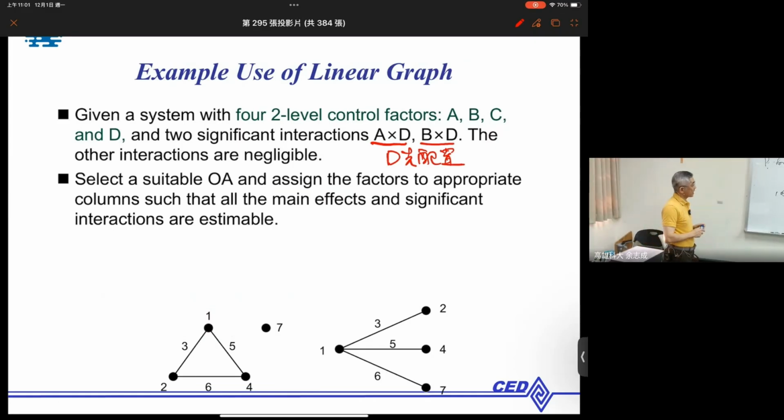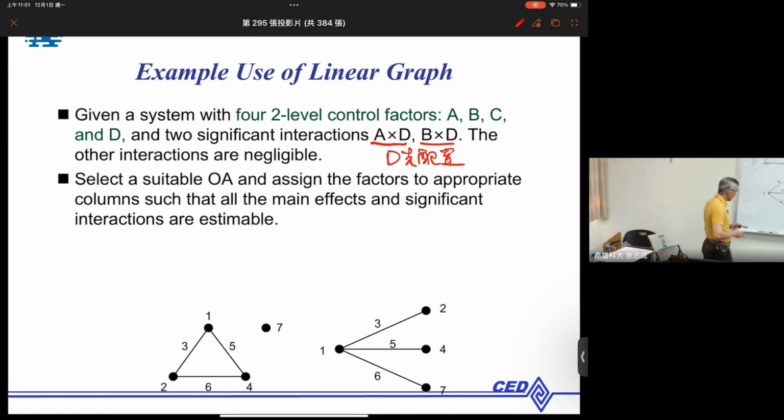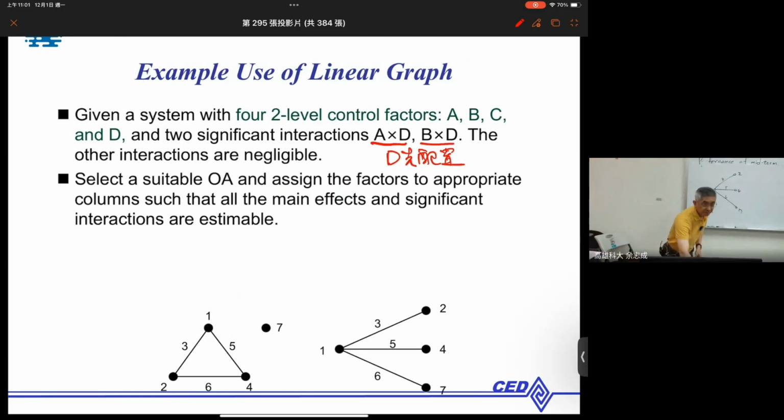Which factor will you assign first? A, B, C, D. Which one first? D, okay. D in which column? 1, yes.